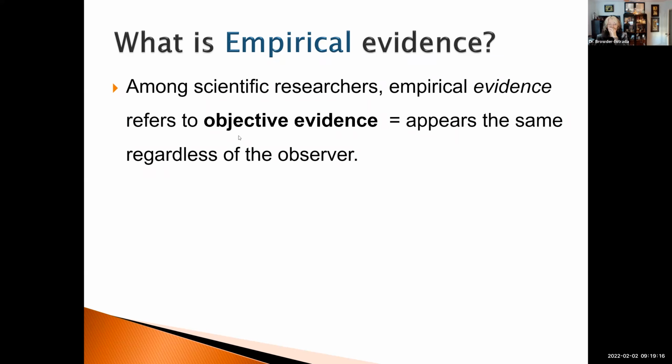So objective evidence means that it isn't only something that one person could experience, one country could experience, one academic or research group can experience. It has to be something that can be verified or backed up by others.